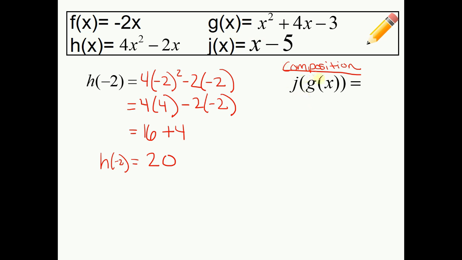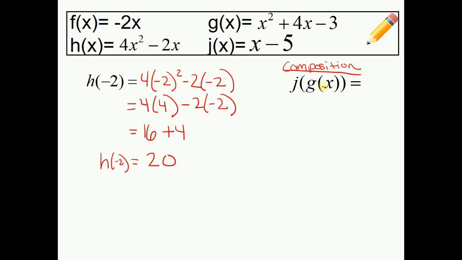What this is saying is we're going to evaluate the value of g at x, and we're going to evaluate the value of j at the value of g of x. So all you're doing is taking the function g and plugging it in to j.